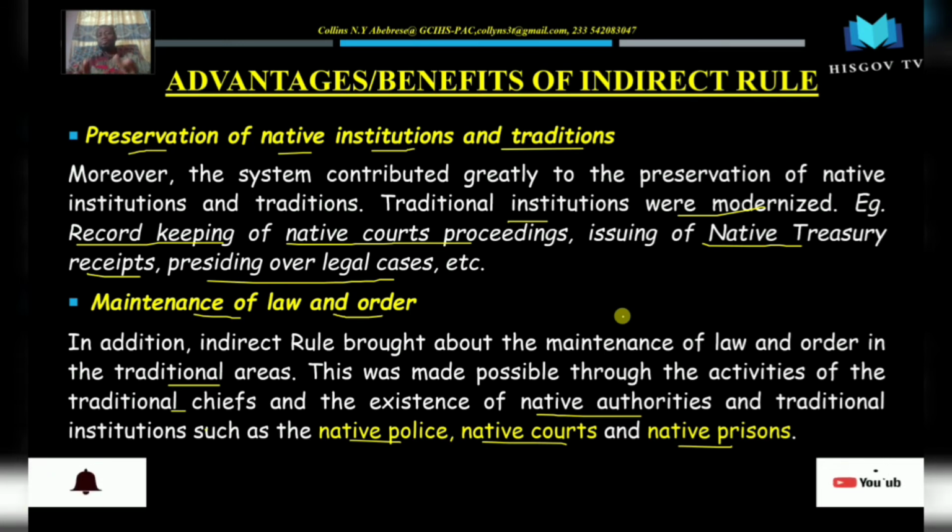And so it made people rarely misbehave, and things were done in order. Unlike before indirect rule, when there were wars up and down and all of that. Good. So I think these two points are clear for you.